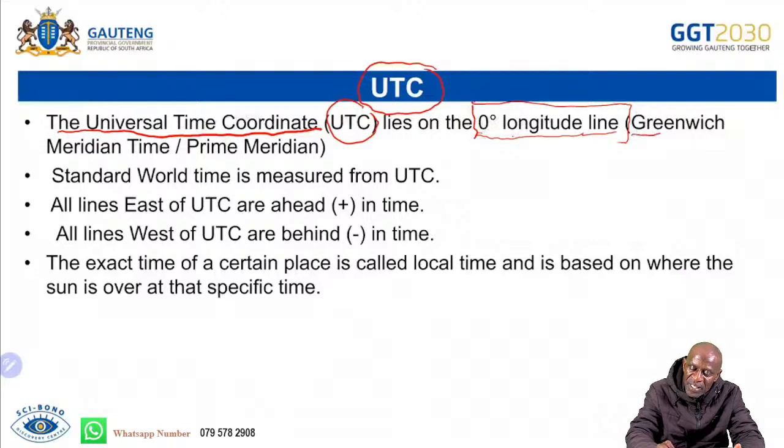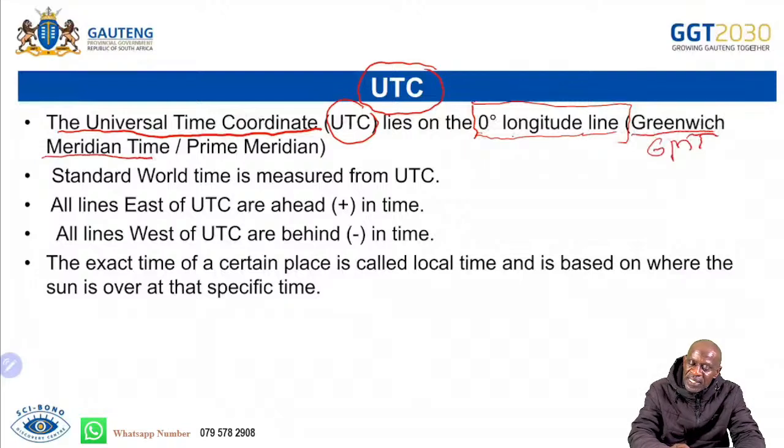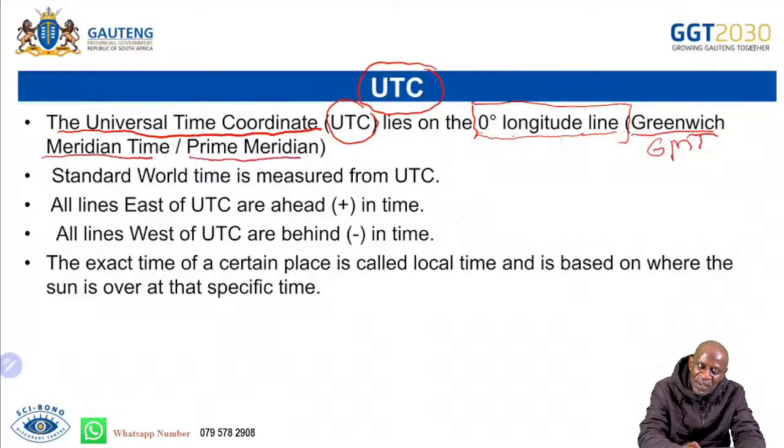Another name for the UTC or the 0 degrees longitude is the Greenwich Meridian Time, in short, the GMT. And if you don't want to say the Greenwich Meridian Time or GMT, you can simply say prime meridian.